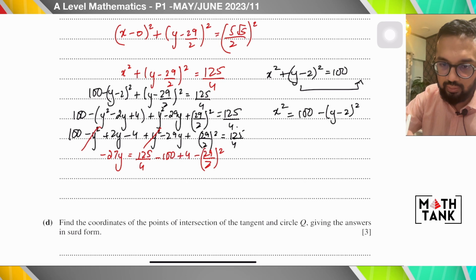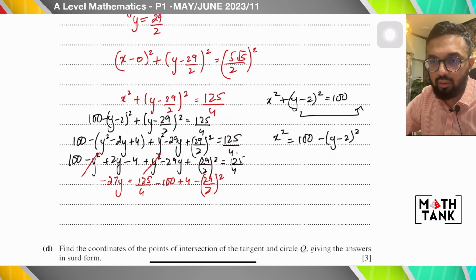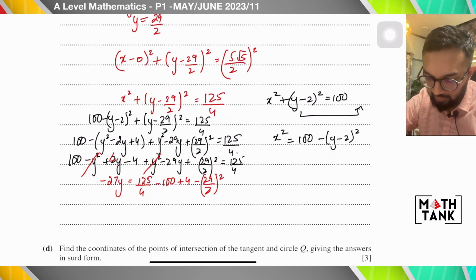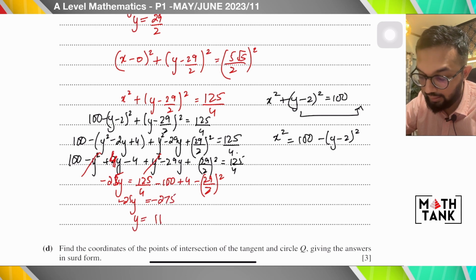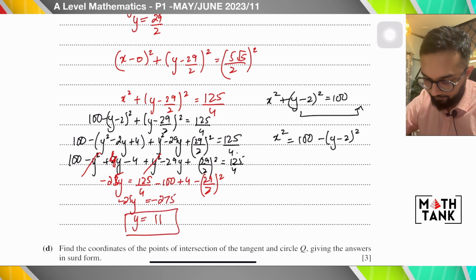Let me check. Okay, so there's a small mistake here. This should be 4y and this should be 25. And that gives me minus 25y equals 275, and y equals 11.